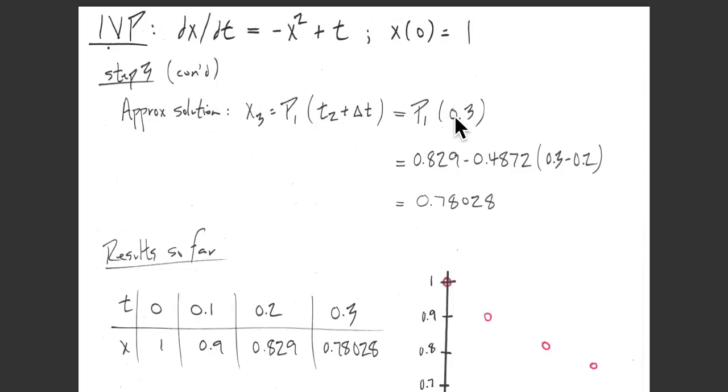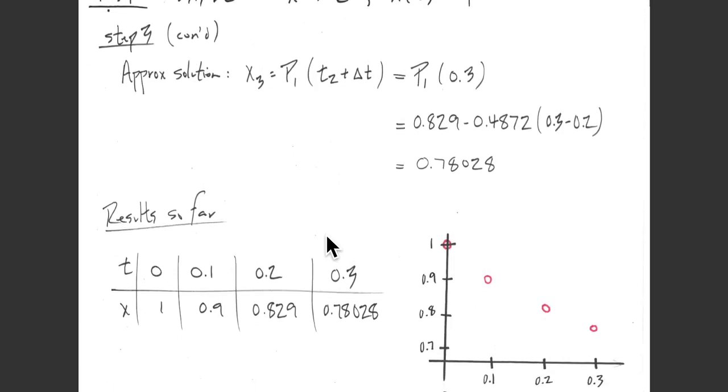That's the time at the next step. And plug that into our first degree polynomial, and you get this, and then that turns out to be 0.78028. And I've again tallied my results over here, and you can see them there. You see another point along our solution trajectory developing there.